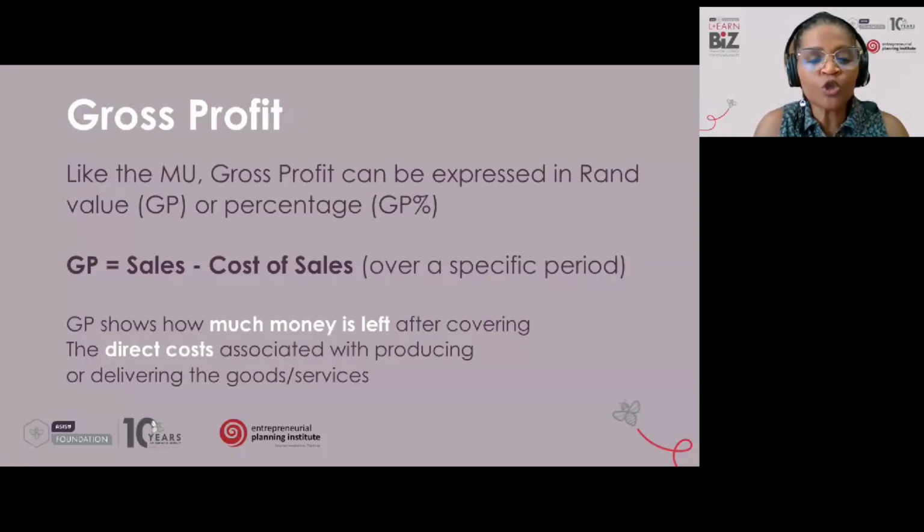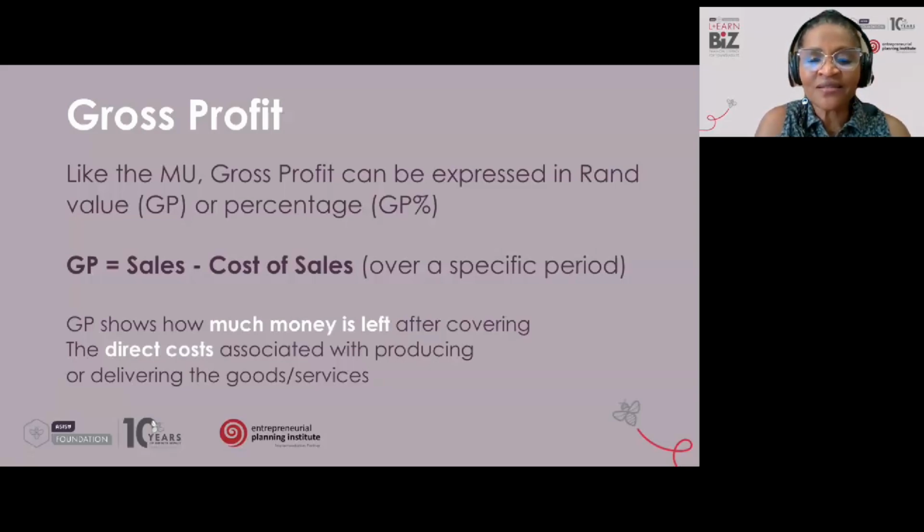All that is for you to be able to see how you are doing within your selling. It is looking at your ability to produce the product, your efficiencies around producing it, and how it affects the sales. So it's a relationship of your cost of sales and your sales.